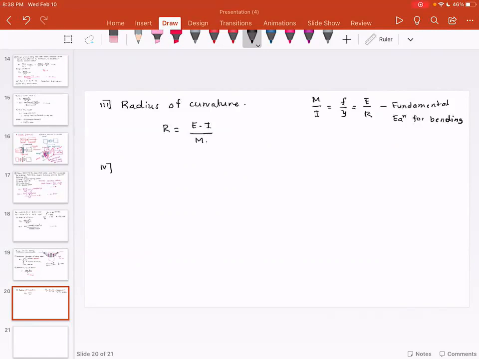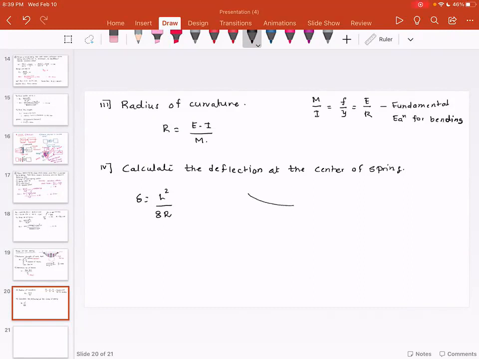The next is calculate the deflection at the center of the spring, which is given as delta is equal to L square divided by 8R, where L is the length of the spring.